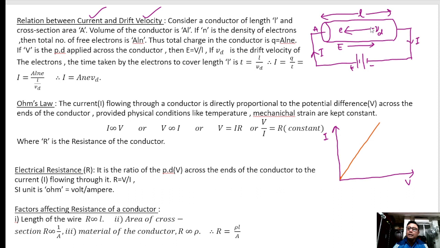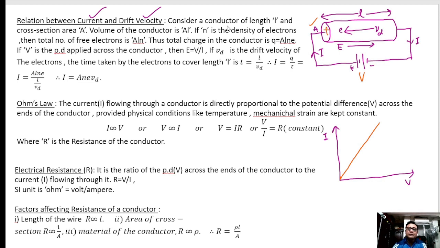Let us consider a conductor of cross-sectional area A and length L, connected to a battery of potential difference V. The electric field applied is from positive to negative, so current comes out from the positive. Now free electrons move towards the positive terminal with a drift velocity Vd.